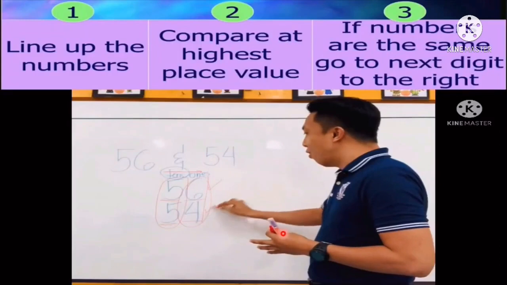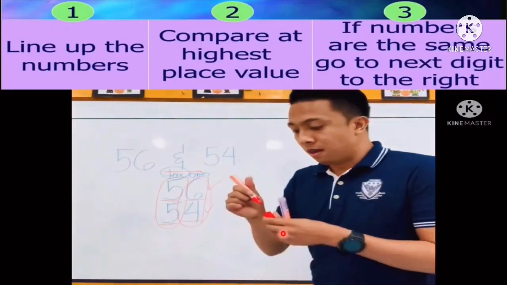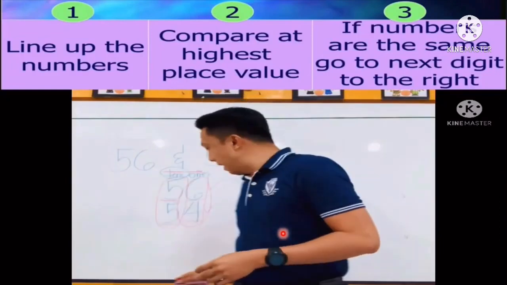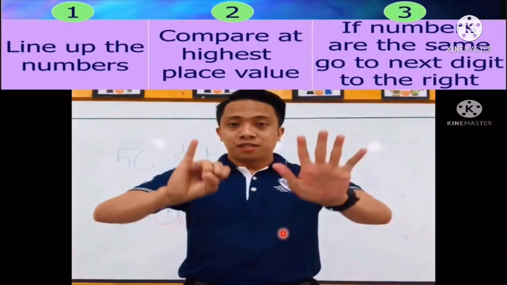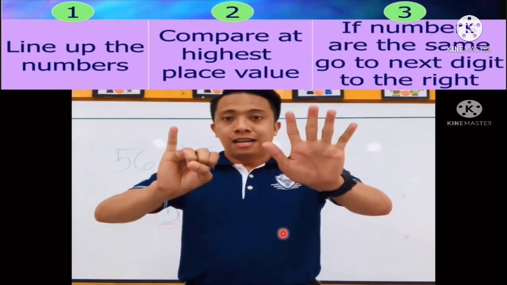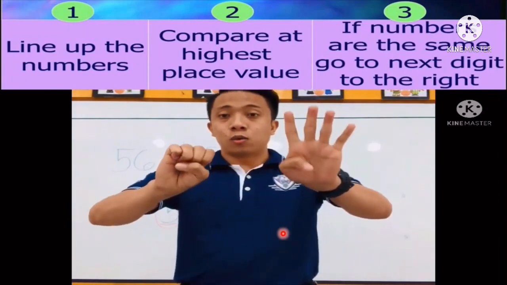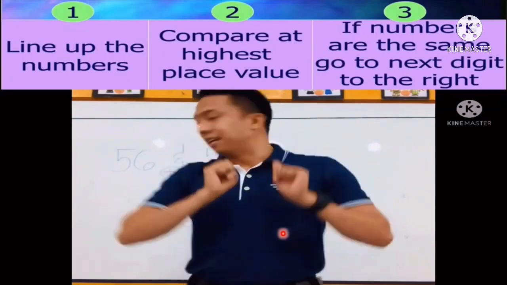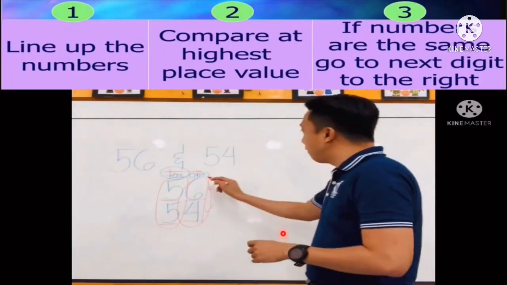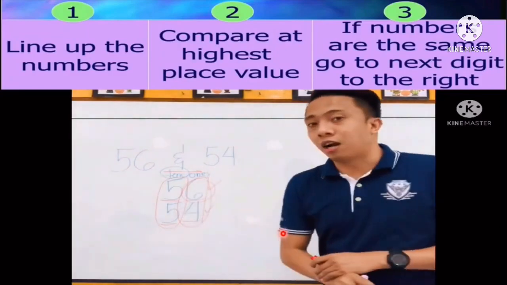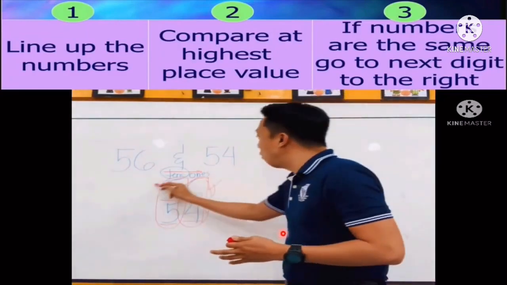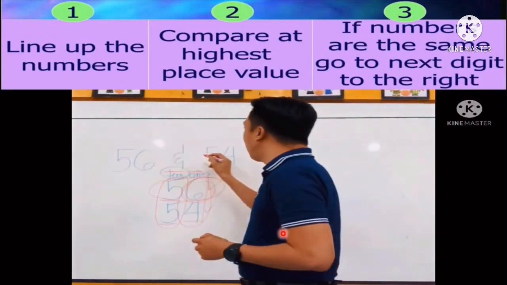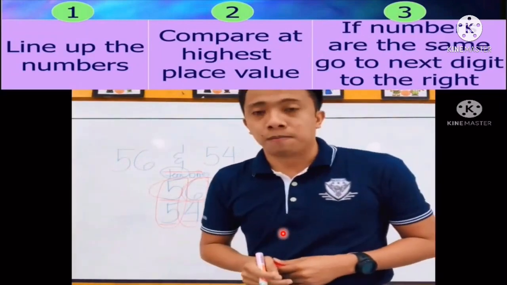Is it 6 or 4? Can you show me your hands, please? Show me your hands. We have 6 and then 4. So which is greater? Of course, we have 6. Right? So if 6 is greater, therefore the whole number, which is 56, is greater than 54.